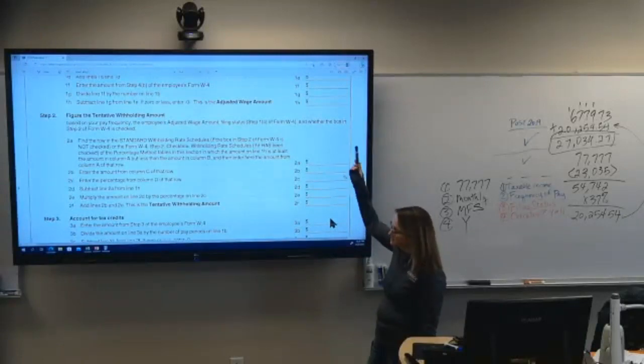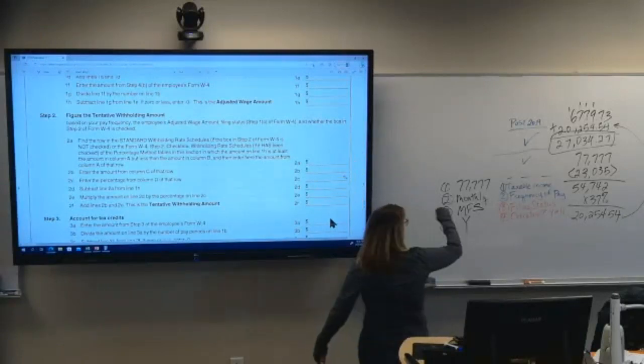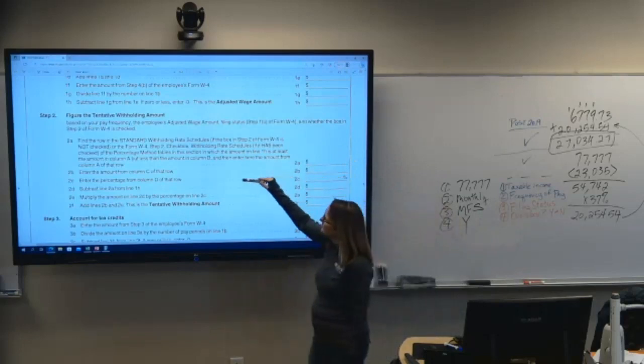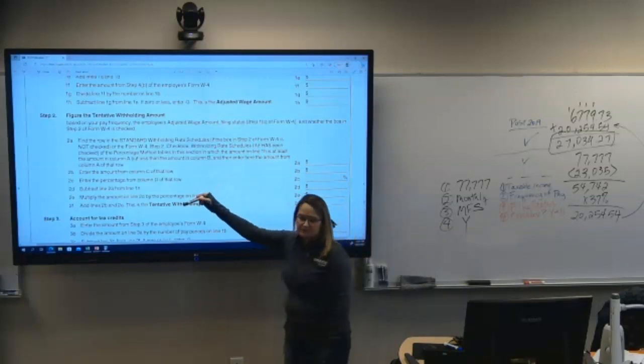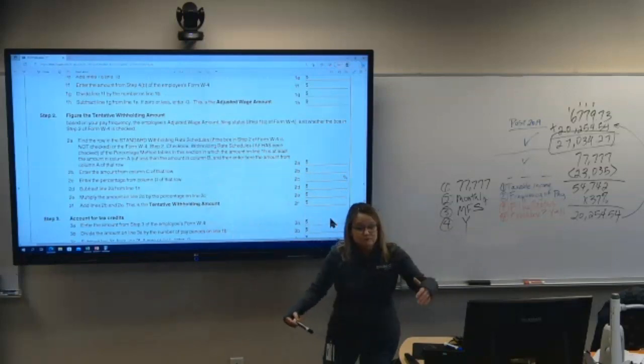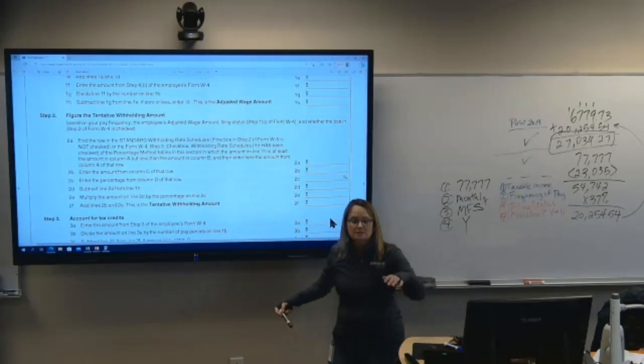So in our case, it was 23,035. Enter the amount from column C of that row. Enter the percentage from column D of that row. So it's taking you through all of those steps that we just did.